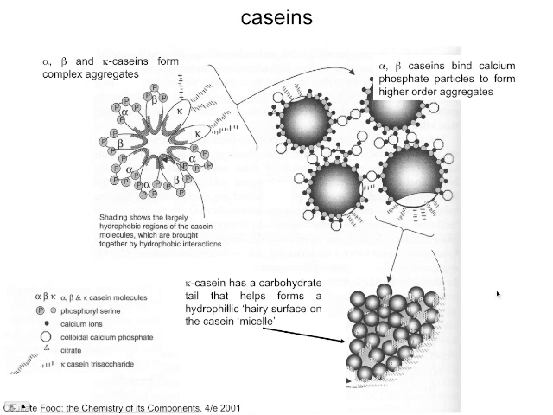Now, okay, so the two things to note. Again, we form this very large micellar structure, the surface of which is coated with carbohydrates and negative charges. But the internal structure is composed of smaller aggregates linked together with calcium phosphate, so-called colloidal calcium phosphate.